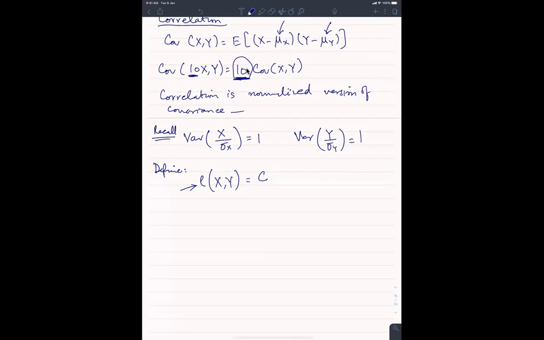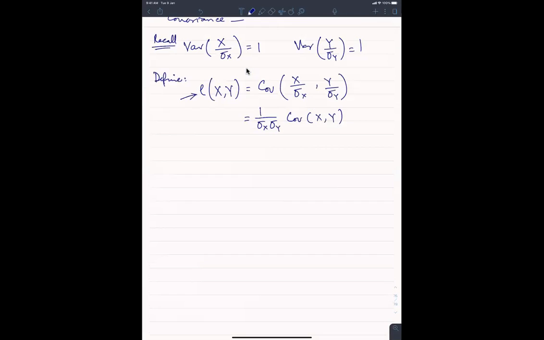This is equal to the covariance between x normalized by its standard deviation and y normalized by its standard deviation. Since the standard deviations are constants, sigma x and sigma y come out, so this would be equal to covariance between x and y divided by sigma x sigma y. The benefit of this normalization is that the correlation value will be bounded, between a certain range, for any x and any y.